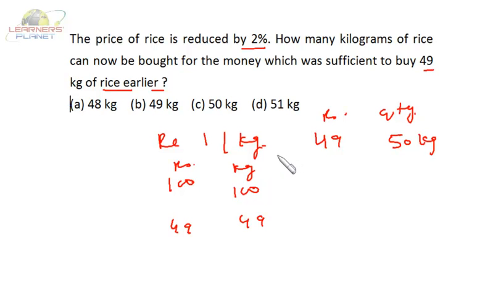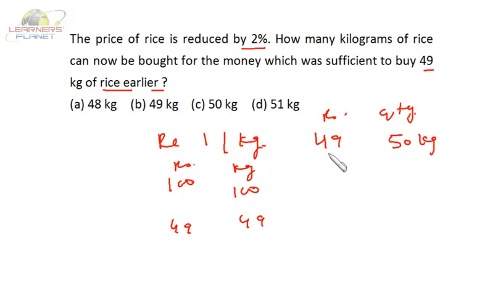The initial price is rupees 1 per kilo. That means for 100 rupees we were to buy 100 kilograms. Okay. Now that means 49 kilogram rice we were buying for 49 rupees. That means we have to find out now after the reduction of price how much quantity can be bought for 49 rupees.